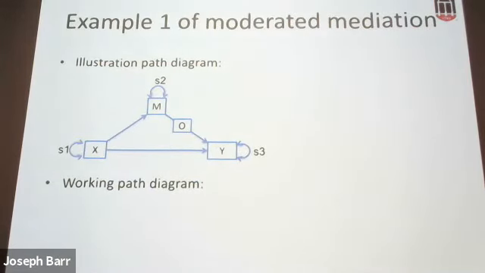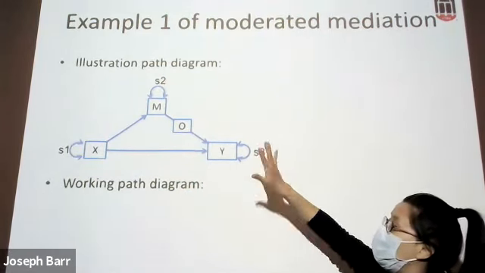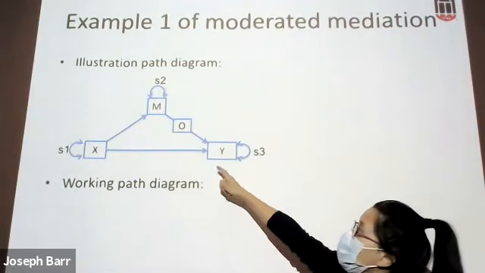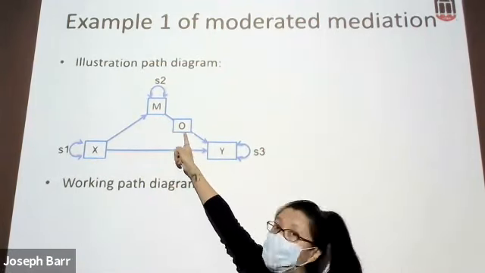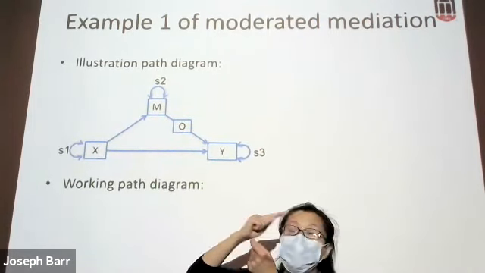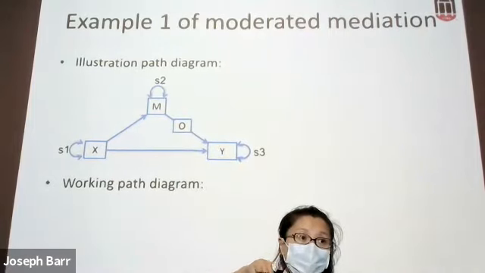So if we have this illustration path diagram, what is the working path diagram? So this is a mediation, but I add a moderator here. I changed something here. Remember, this is one way to illustrate the moderation effect.